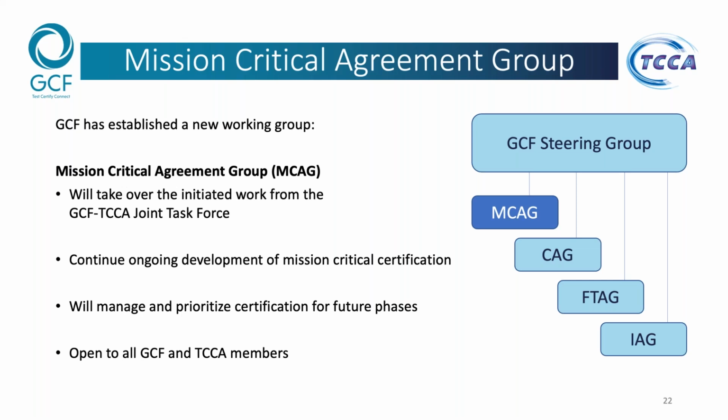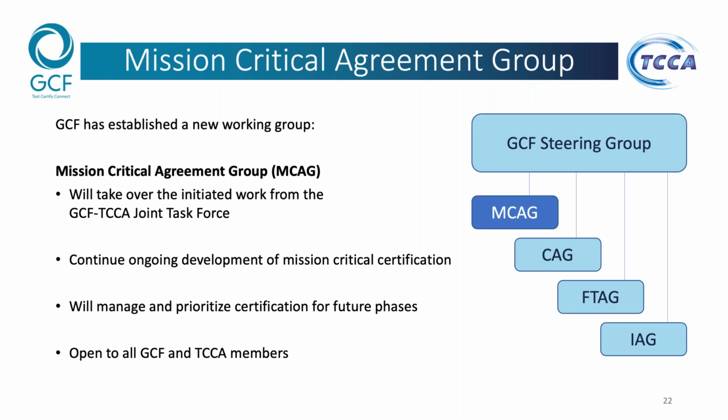The Mission Critical Agreement Group is one of the agreement groups in GCF. There are also other agreement groups, for example, the Certification Agreement Group or the Field Test Agreement Group or the IoT Agreement Group. So we will continue to develop this mission critical certification. We will manage and prioritize certification for the future phases.